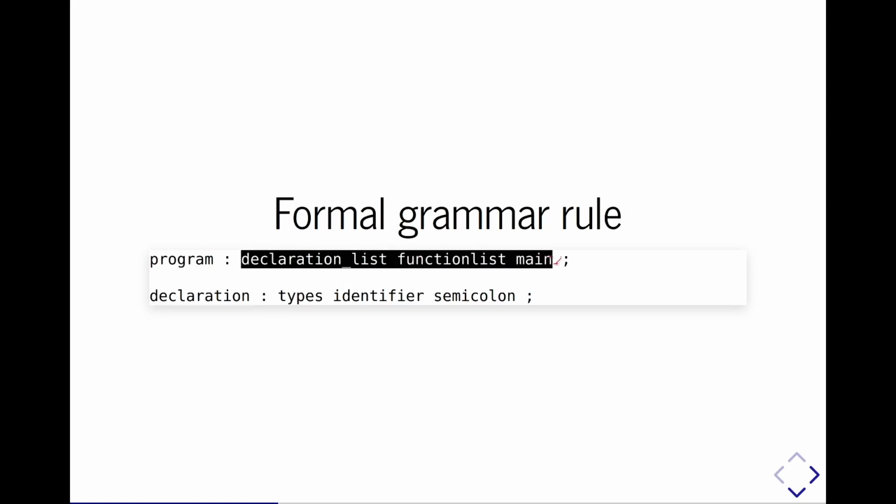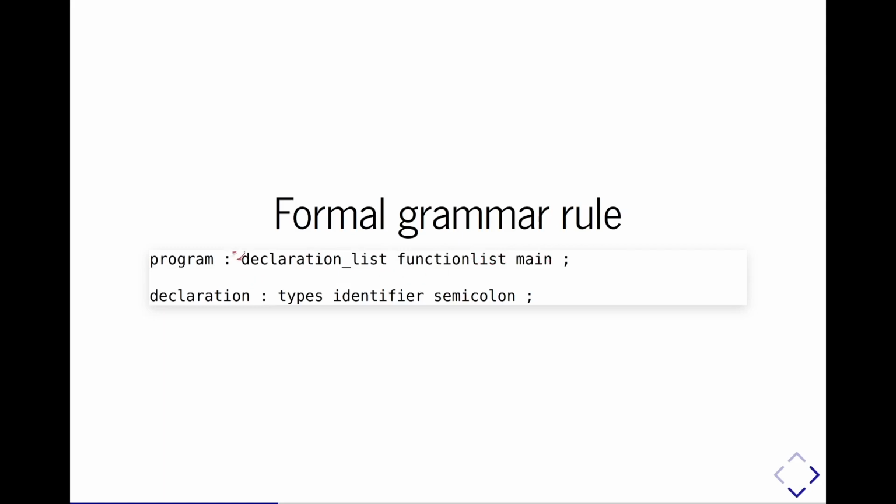And on the right, in a production rule, there can be any number of symbols, both terminals and non-terminals. For defining a program in Simple C, there are only 3 components that we have for every Simple C program. They're a declaration list, which is a single symbol with this underscore. A function list, which doesn't have the underscore for some reason. Maybe that's a typo. And a main function.